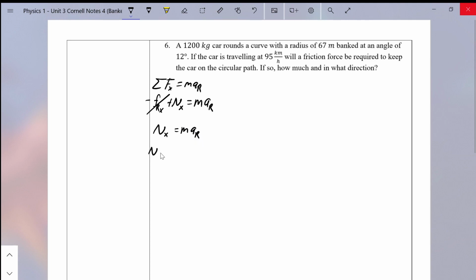But nx is equal to n times sine of theta, that equals m a sub r. But a sub r is v squared over r, and n is going to be mg. So we get mg sine theta is equal to m times v squared over r.